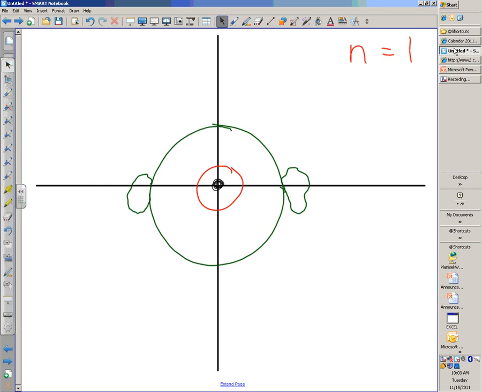That would be n equals 2. And what we'll see in just a second is that within n equals 2, there are some L values, other places within n equals 2 where we're likely to find electrons. Sublevels. Okay. Get rid of that.